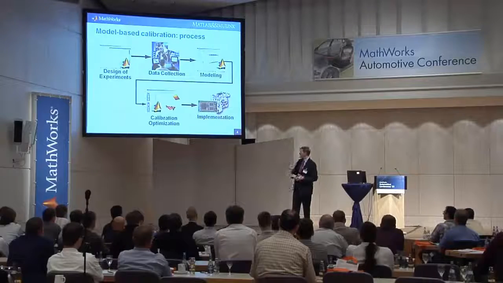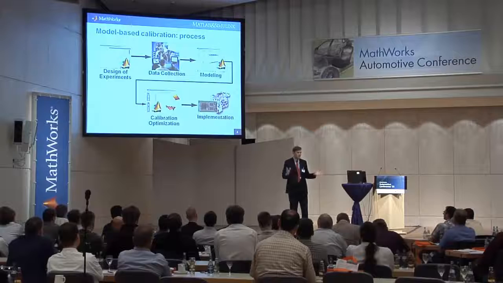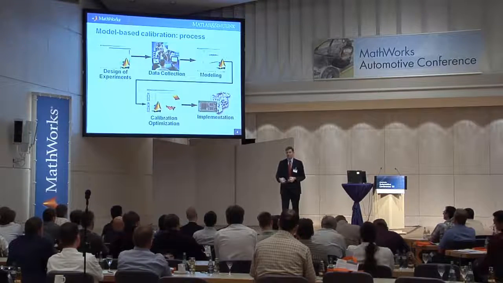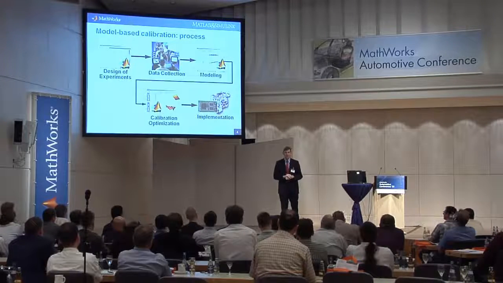This is taking data and identifying underlying behavior from that data rather than from physical laws. Have any of you done statistical modeling? Well, have any of you ever fitted a straight line to some data? That's statistical modeling. What we have here in our Model-Based Calibration Toolbox is a much fancier version of that: many variables, many different model types to accurately capture these high-dimensional behaviors.